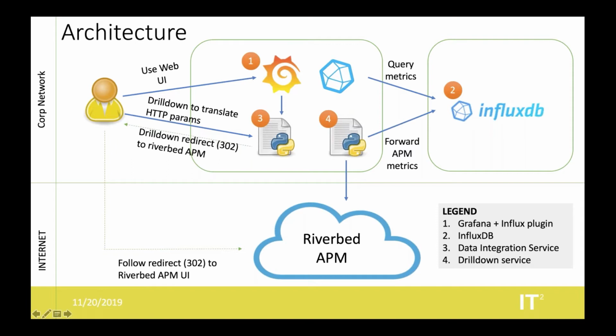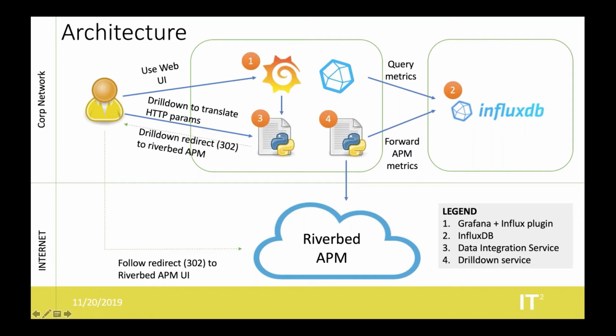We have developed a couple of containers, packaged as containers, functionality that would pull metric time series data out of Riverbed APM and would feed into InfluxDB, enriching it with additional metadata, such as tags, if we're talking about cloud environment, server names, IP addresses, other information, if we're talking about on-premises deployment.